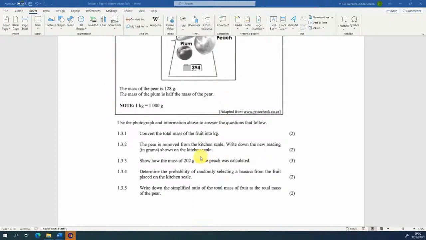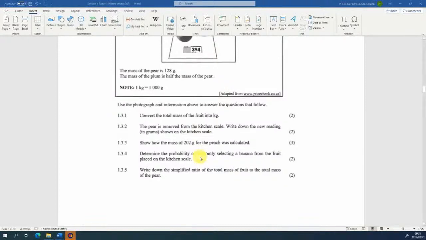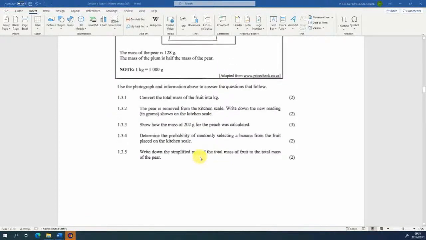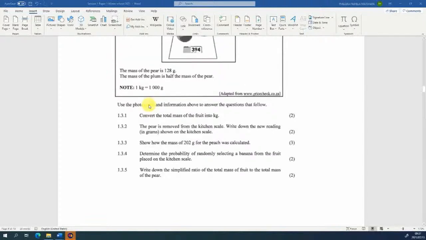Let's see what this context wants from us, what mathematical concepts they want us to know. Use the photograph and information above and answer the questions that follow. Number 1.3.1. Convert the total mass of fruit into kilograms. Convert grams into kilograms.